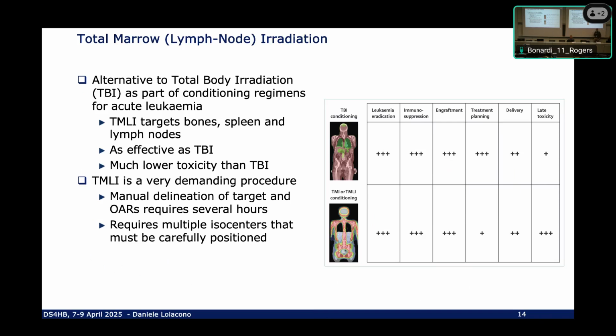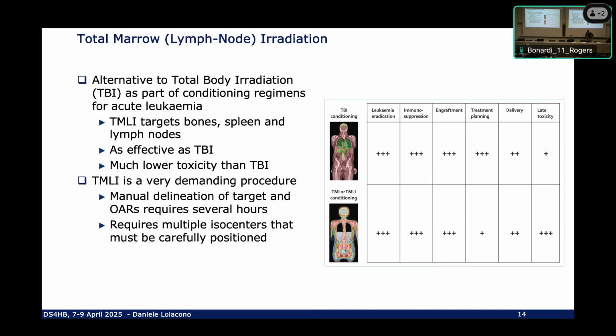Compared to total body irradiation, we have the benefit of sparing the organs at risk much more, and so we have a much lower toxicity associated with this type of treatment. But the problem is that this treatment is very complex. The target is extensive because it's overall the body of the patient, and it requires a lot of work to be actually delivered. So this is why we want to use AI to assist the doctors and the physicists in delivering this treatment.